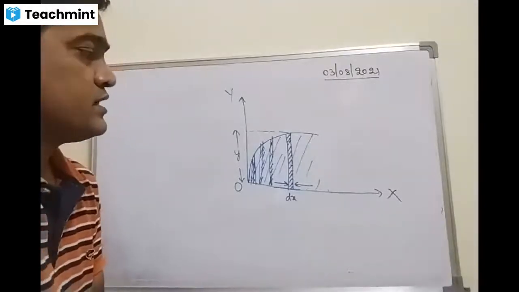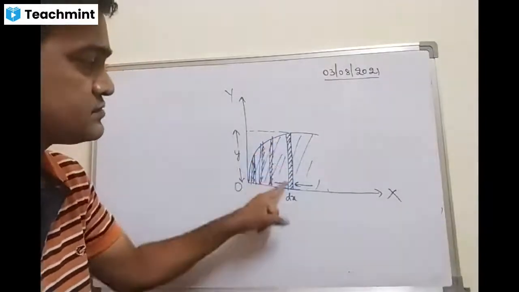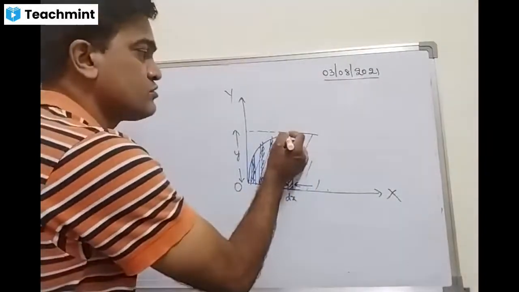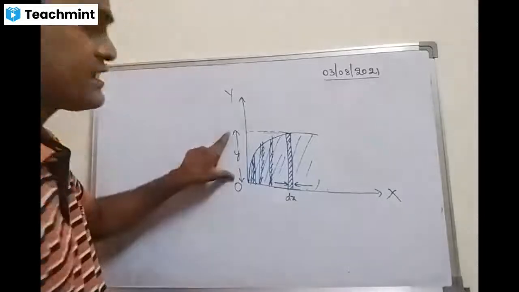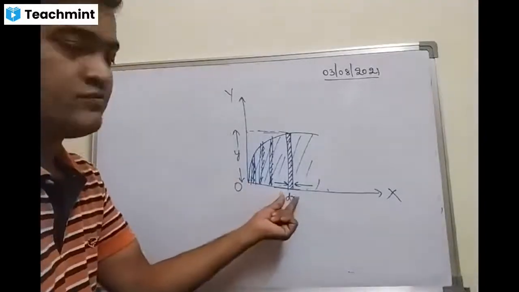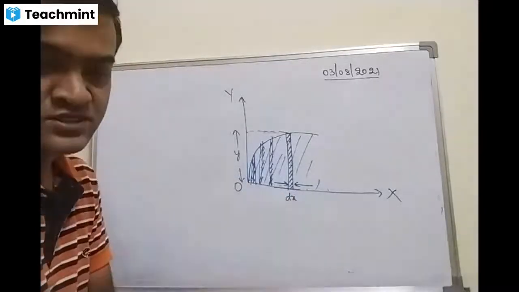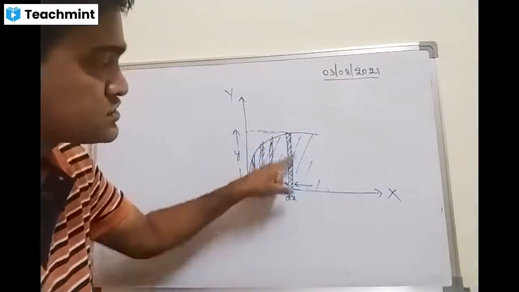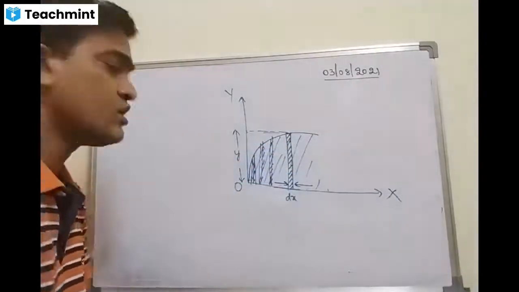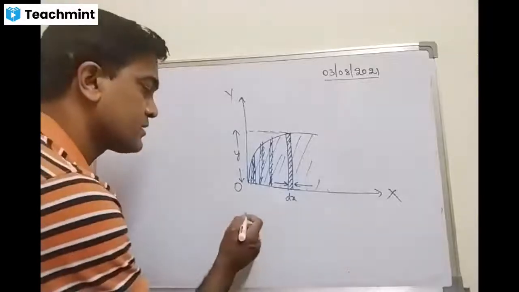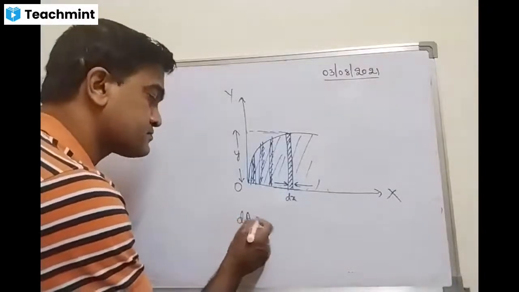So, what is this height? Almost these two are the same. So the height I can take as y, and the width of the elemental strip is dx. Now, what is the small area due to this elemental strip? The small area is nothing but dA.